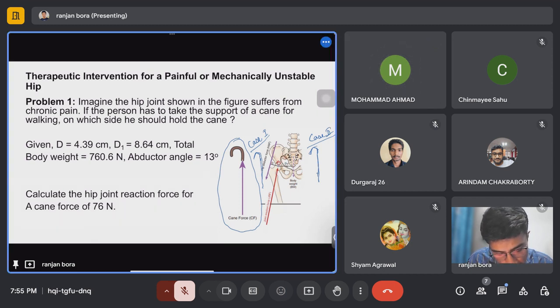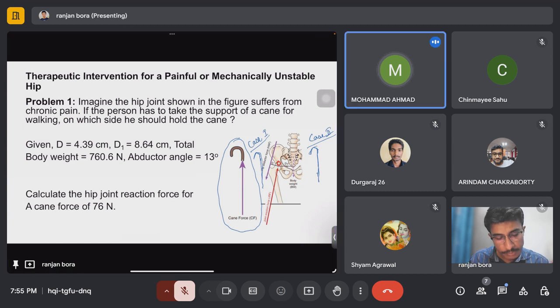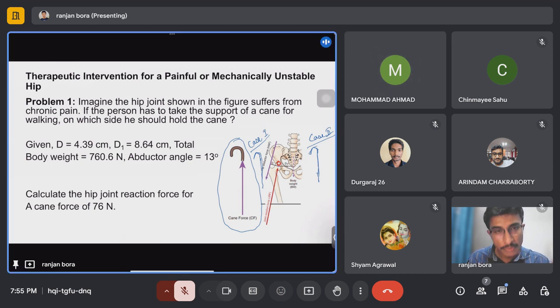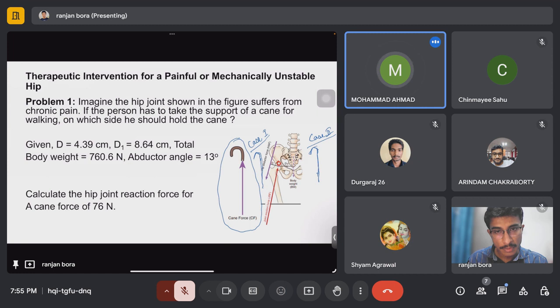Yeah, this point is our point O. This is the point where the joint reaction force will act.